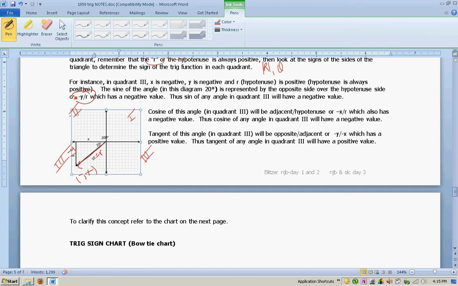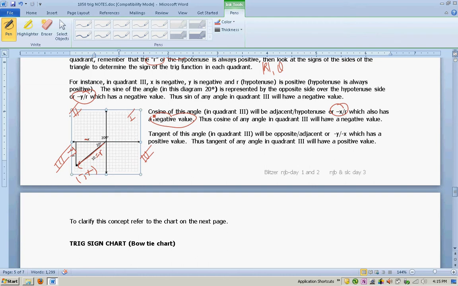Likewise, the cosine of this angle, the adjacent over the hypotenuse of my reference angle of 20 degrees, is negative x over r. So a negative over a positive gives us a negative value. That means the cosine of any angle in quadrant 3 is a negative value.